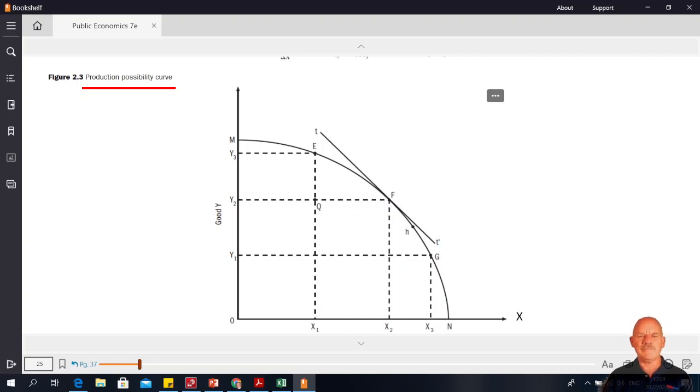That's the production possibility curve.